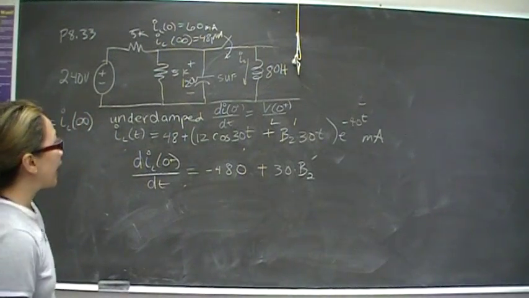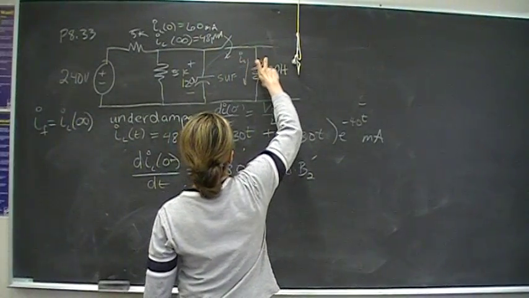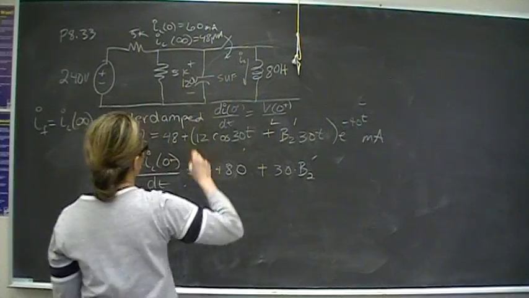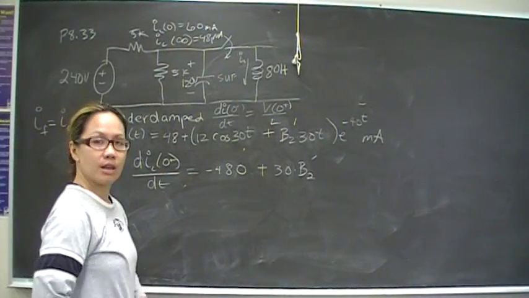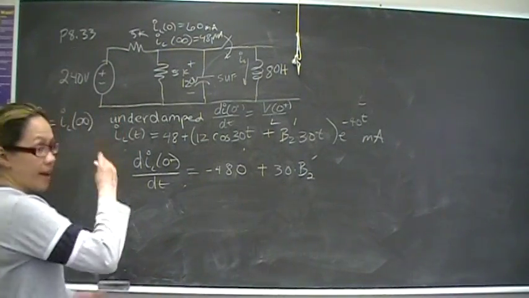So why do we care? We care because the capacitor is in parallel with the inductor, so the voltage across the inductor must be equal to the voltage across the capacitor right after the switch closes, because the inductor can and does change voltage instantaneously, very fast.